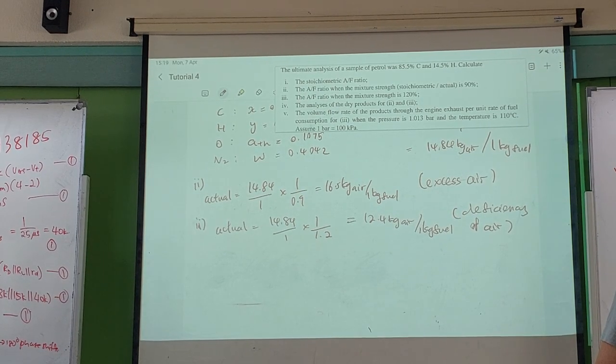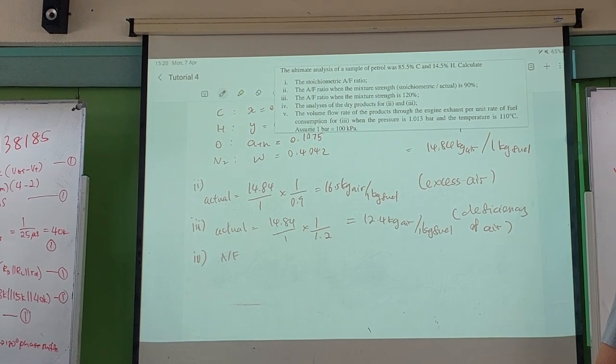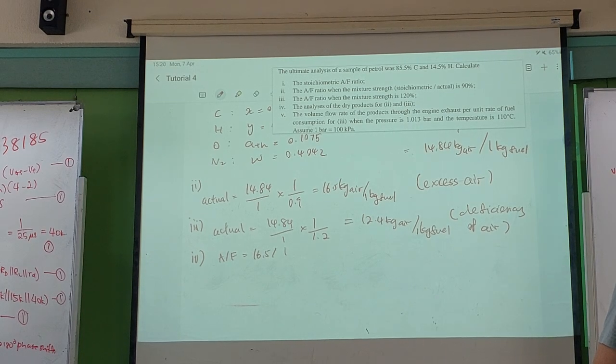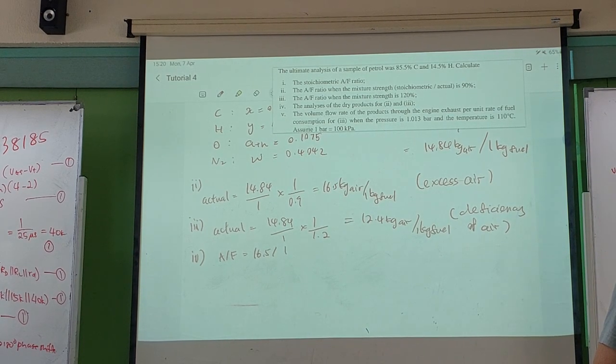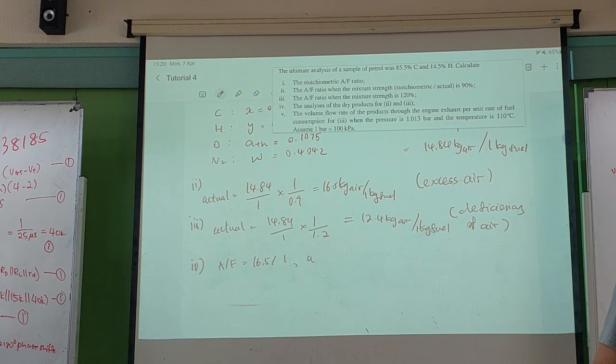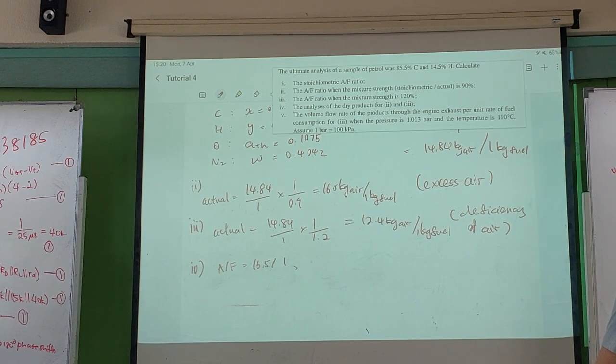So 4 for 2, whereby your air fuel ratio is 16.541. From here, you can figure out the A here will be 11.14 based on this.